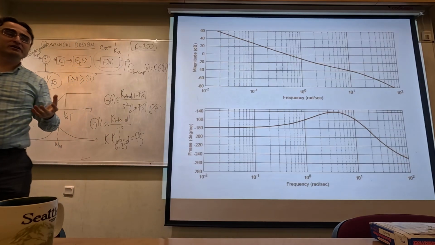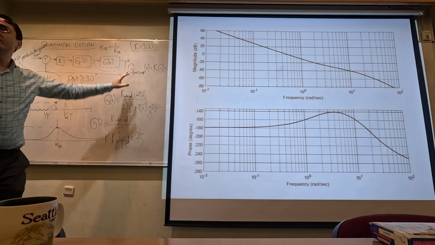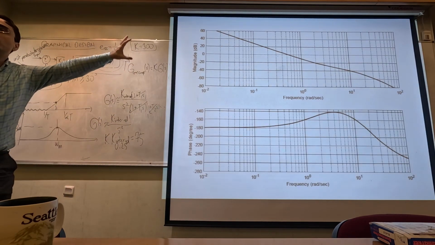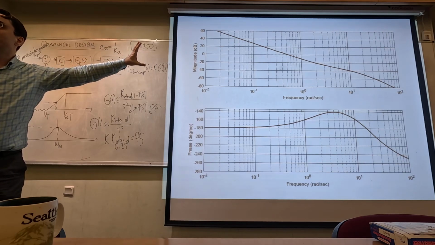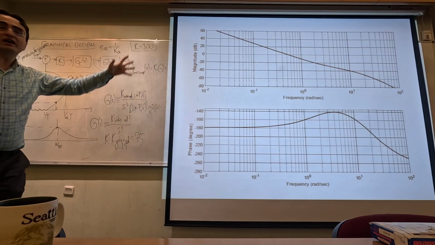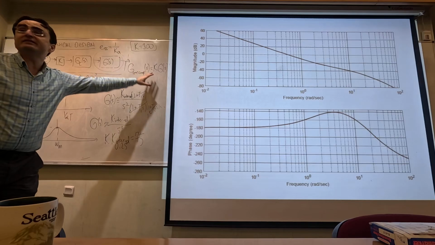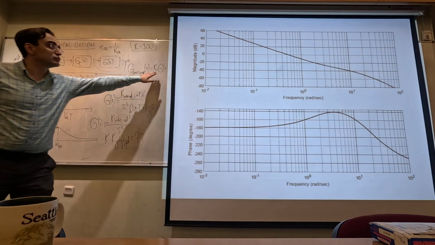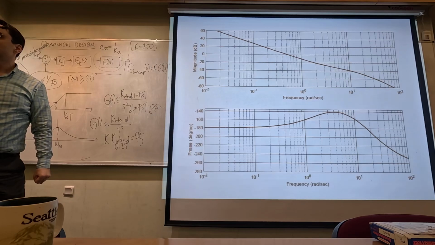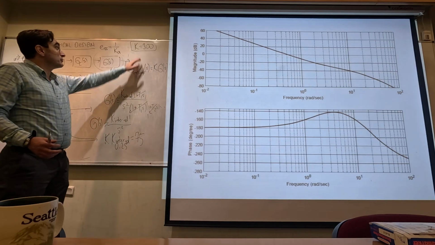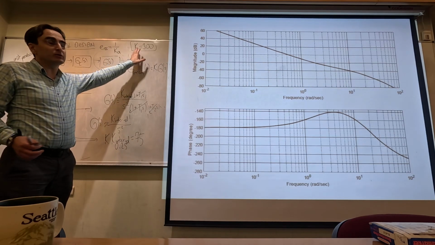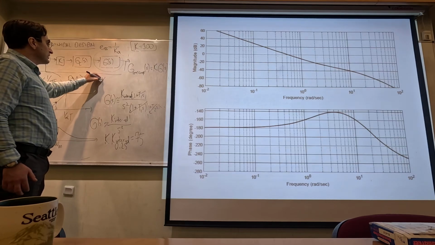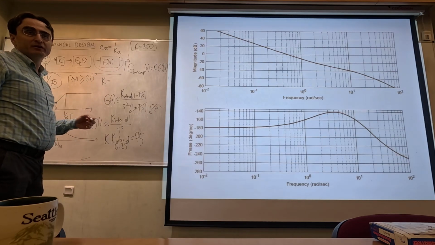Then what I need to do is to obtain the Bode plot of G uncompensated of S. I am already given the Bode plot of G of S, and how should I draw the Bode plot of K times G of S? What is going to happen there compared to the Bode plot of G of S? Shift the magnitude by this K value. So for that, I need to look at K in dB scale.